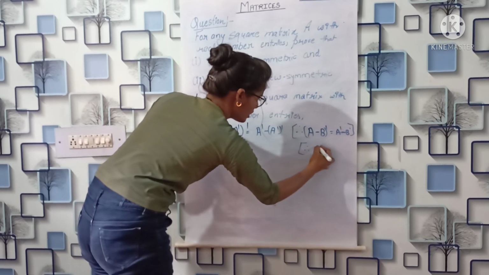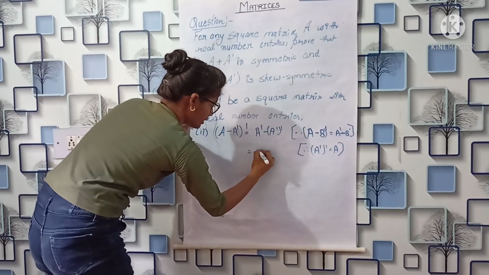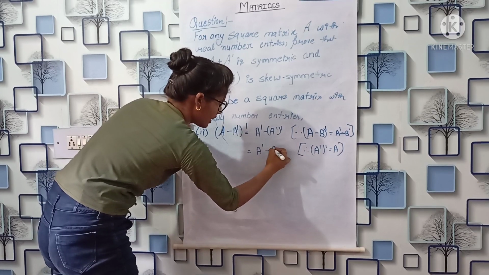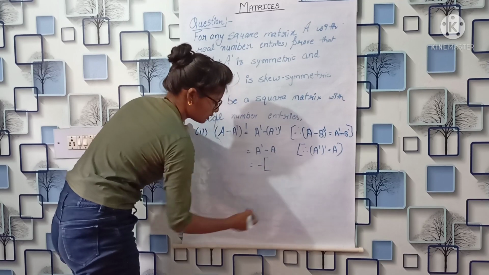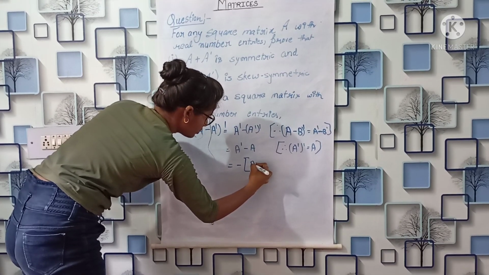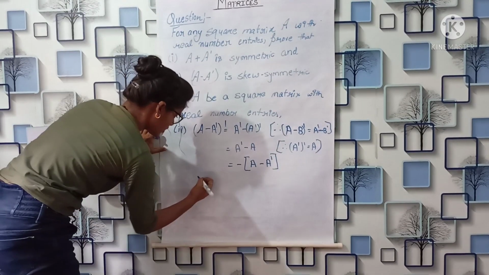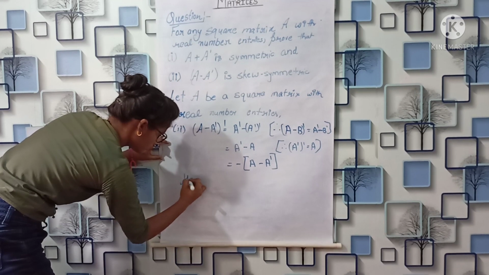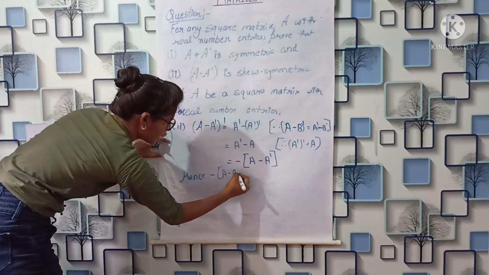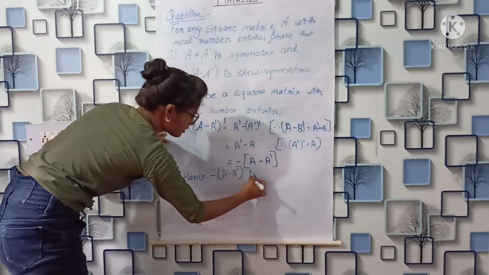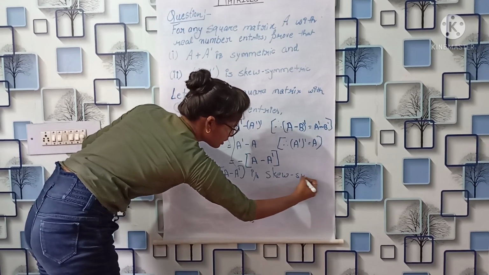We know A dash whole dash is equal to A. Then A dash minus A, then minus is common, so minus of A minus A dash. So hence A minus A dash is skew symmetric.